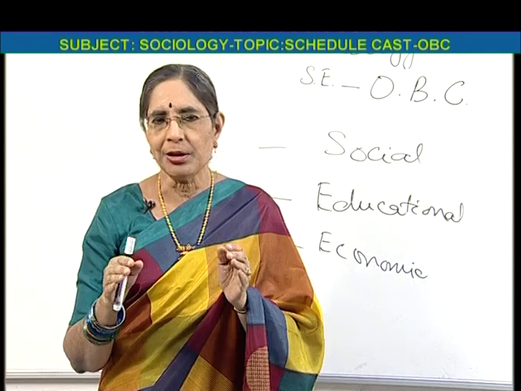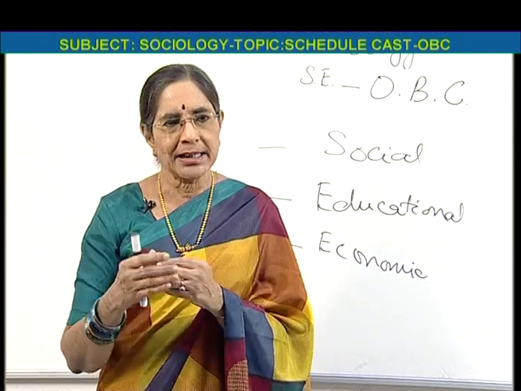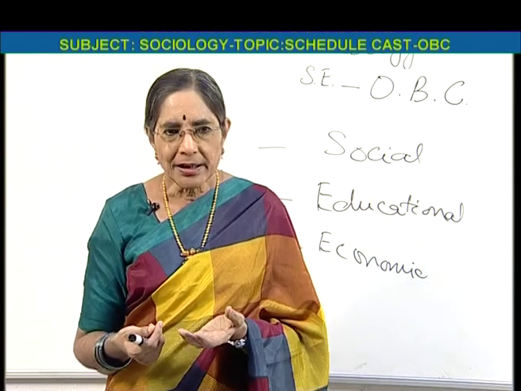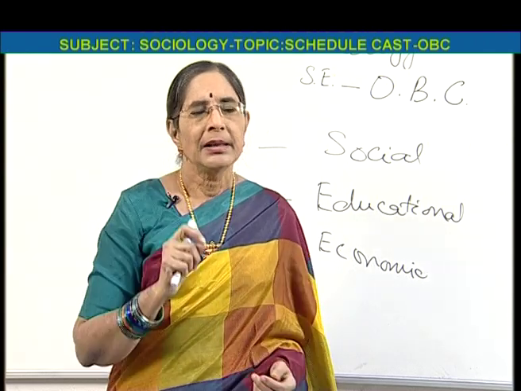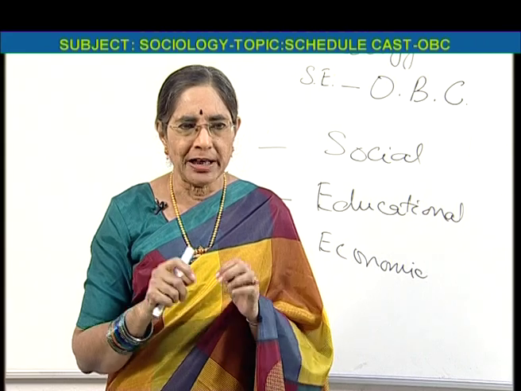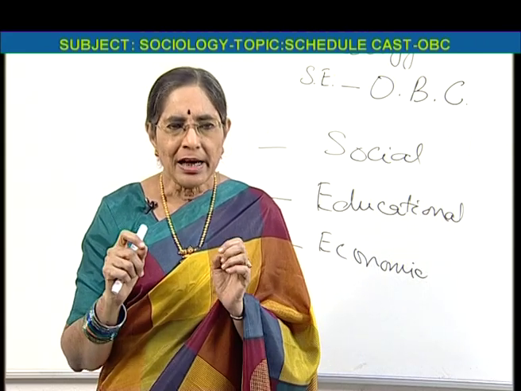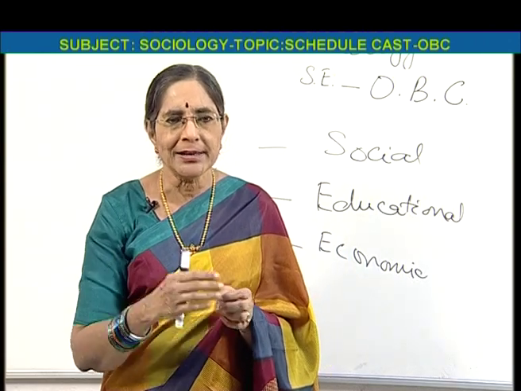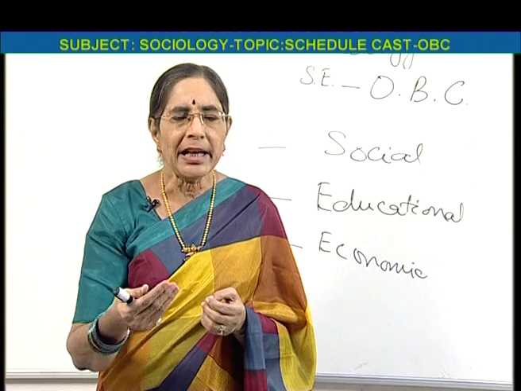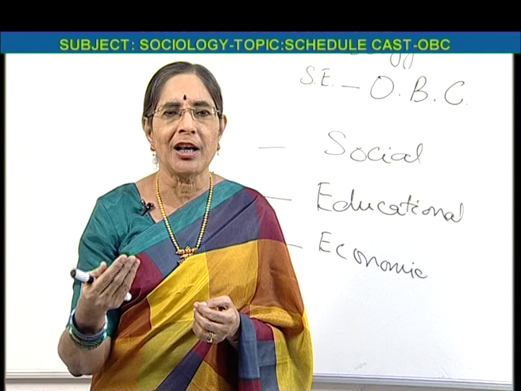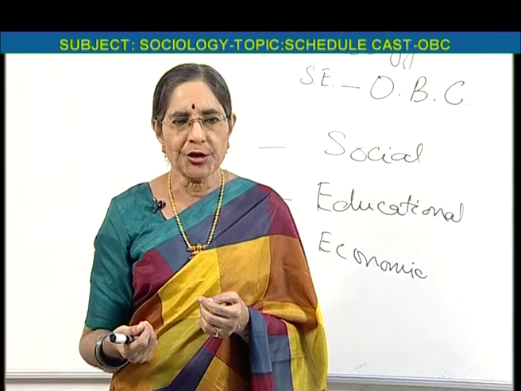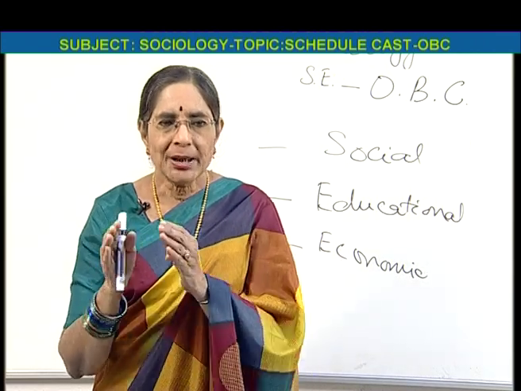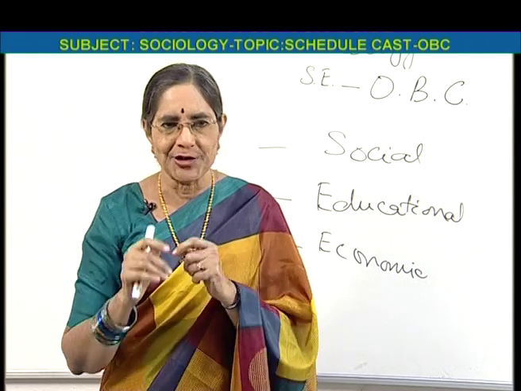Of course, here it is not only meant for other backward classes, even scheduled castes and scheduled tribes also fall under the category, but we usually see emphasis will be given to the first part, welfare, social justice, empowerment of disadvantaged and marginalized sections. Most of the other backward classes are marginalized and disadvantaged. Hence, major activities of the Ministry of Social Justice and Empowerment are meant for improving the position of other backward classes. It also includes victims of drug abuse, but their number compared to backward classes is less.